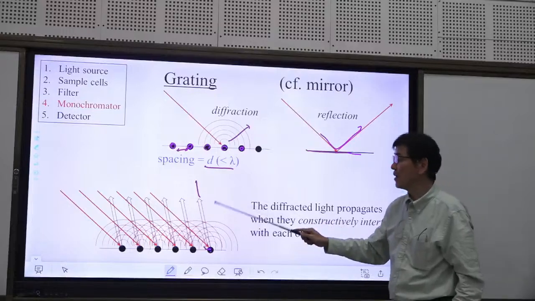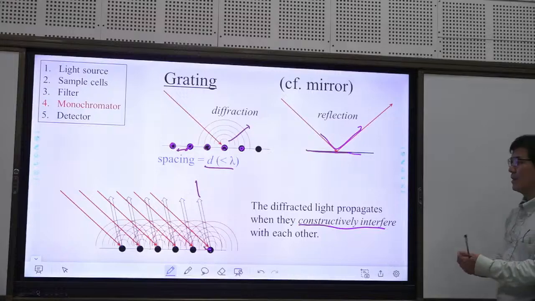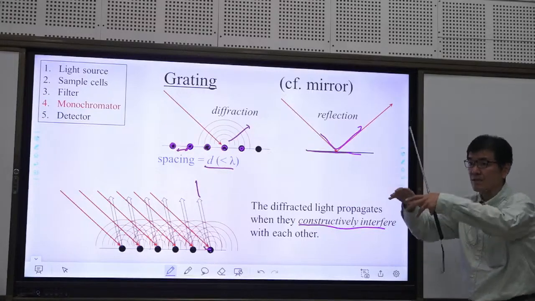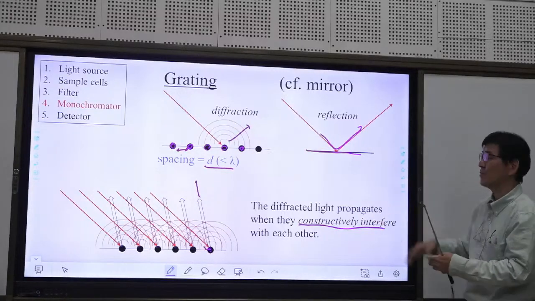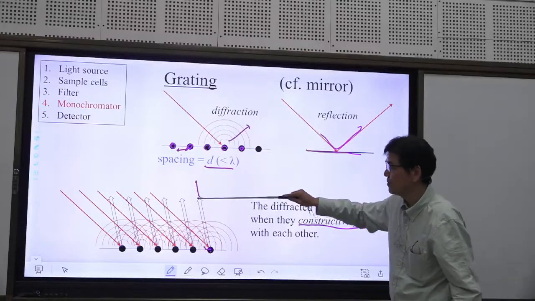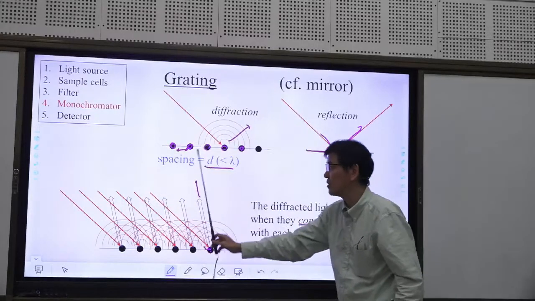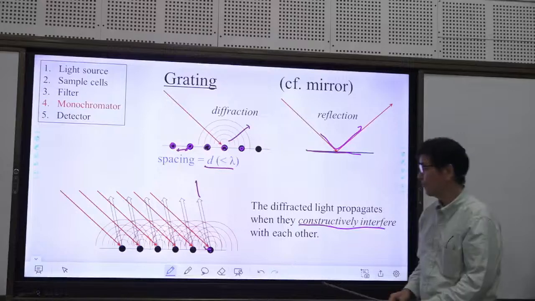Unless there is constructive interference, it cancels due to destructive interference. So the light goes along the limited or selected direction.